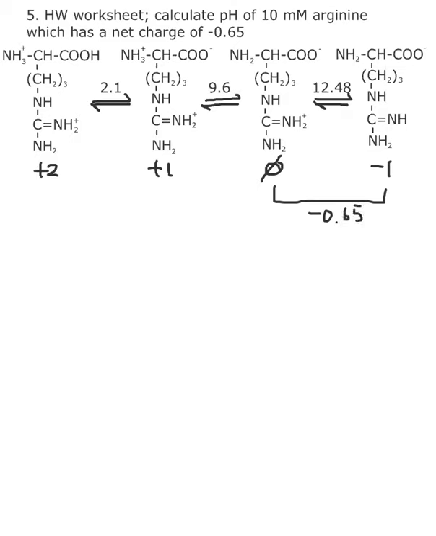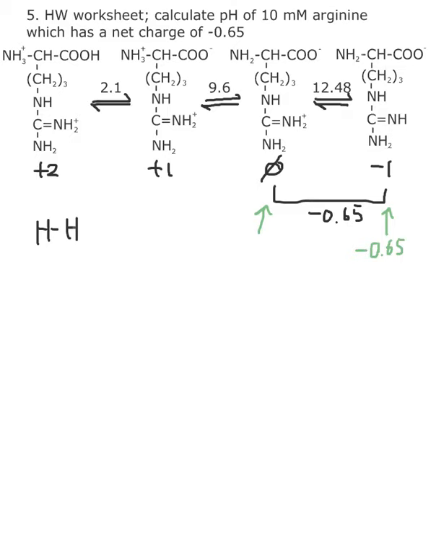So now you have to use the Henderson-Hasselbalch equation to calculate the pH. But first, let's look at the net charge of -0.65. Because the first structure will give you a neutral charge, it means that all of the -0.65 is coming from the last structure over here.